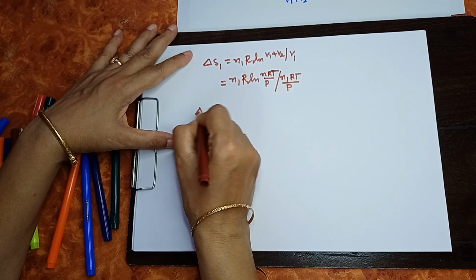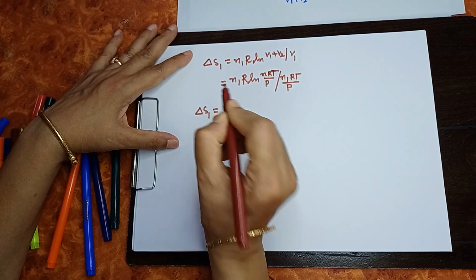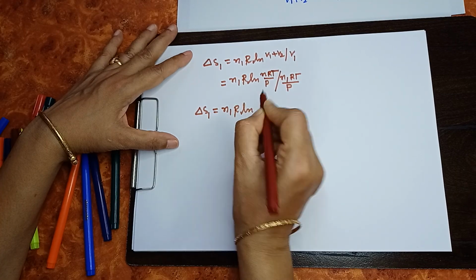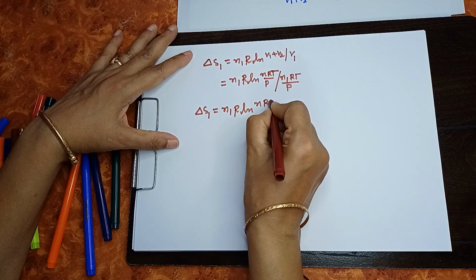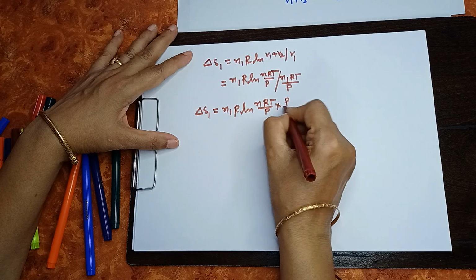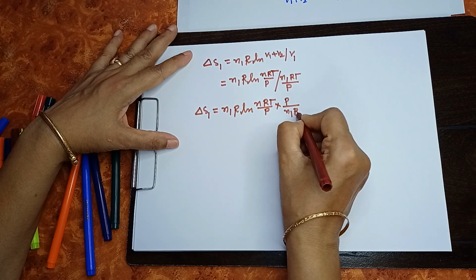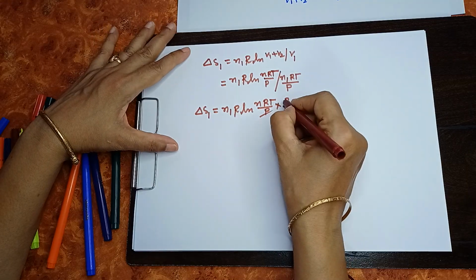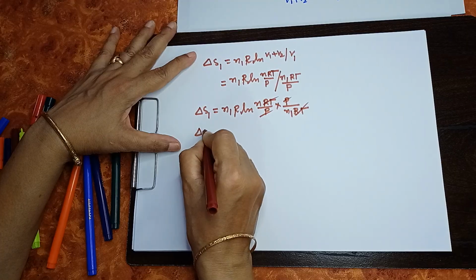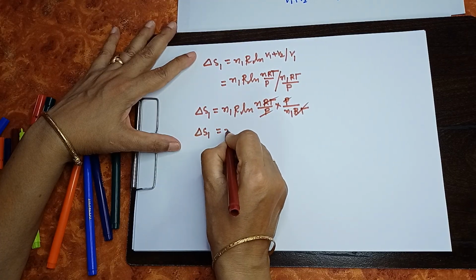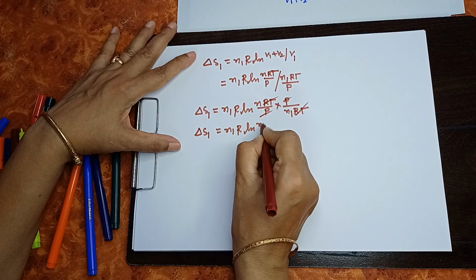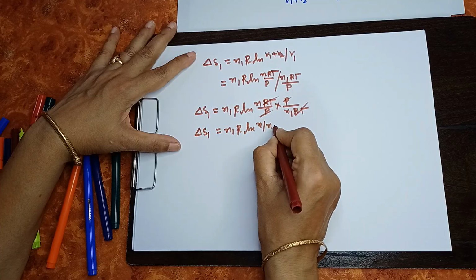So delta S1 will be equal to N1 R ln of nRT by P into P divided by N1 RT. See, P and P cancel, R and T cancel. So what is left over? Delta S1 is equal to N1 R ln N by N1.